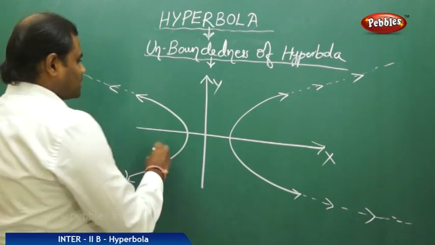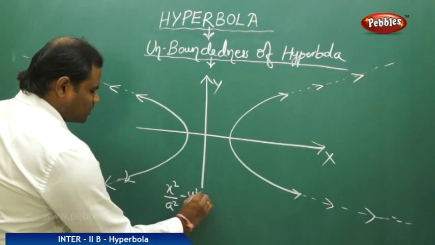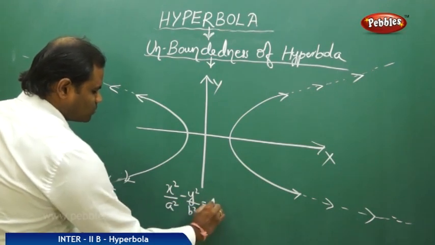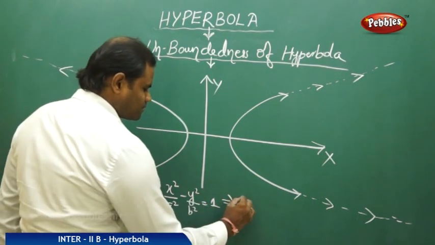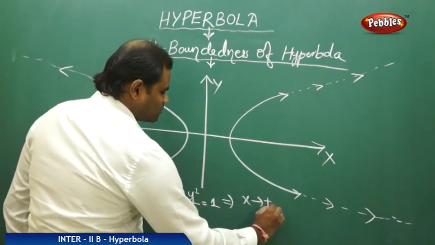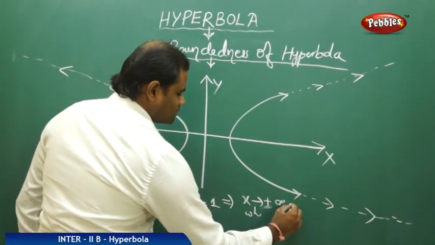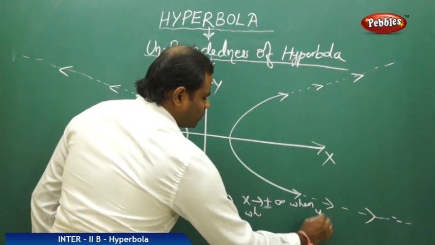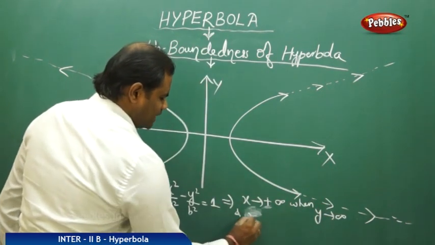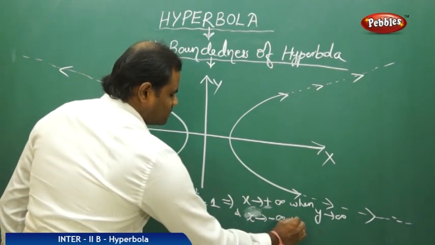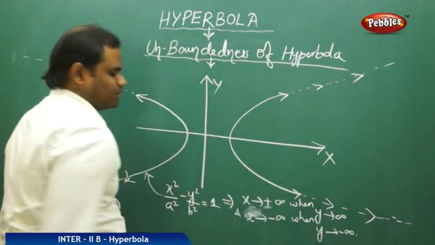Mathematically, this proves that if I have the equation x squared by a squared minus y squared by b squared equals 1 as the equation of the hyperbola, that implies x tends to infinity when y tends to infinity, and x tends to minus infinity when y tends to minus infinity.